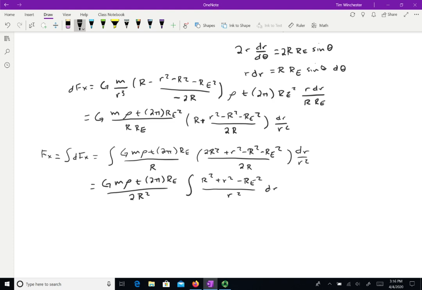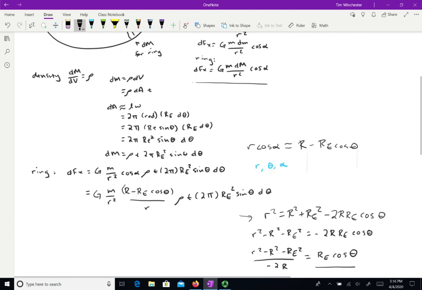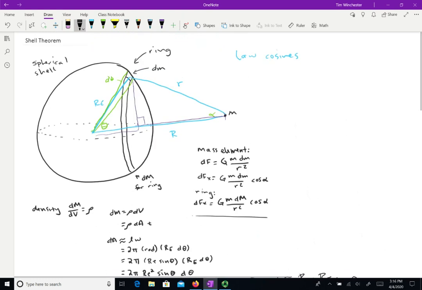Okay, and at this point we should really figure out what the limits of integration are, because this is in fact going to be a definite integral. So what is the smallest value of little r and what is the biggest value of little r? Well, the smallest little r can be is the point on the planet that's closest to the object, so that will be big R minus the radius of the planet.